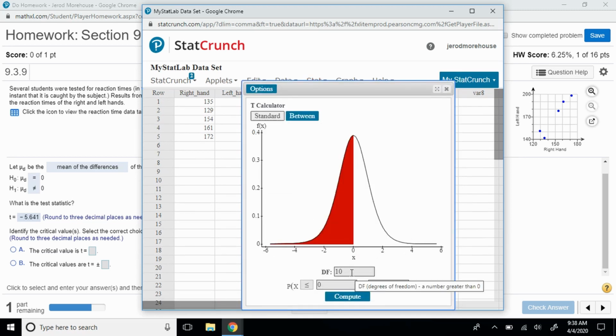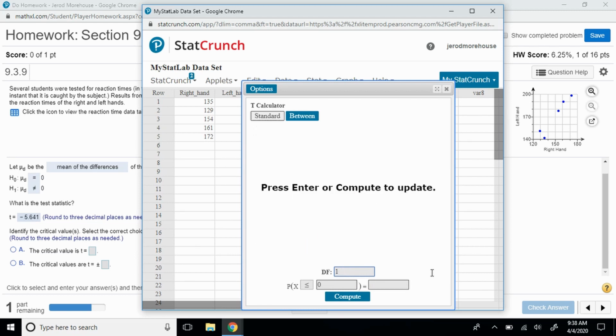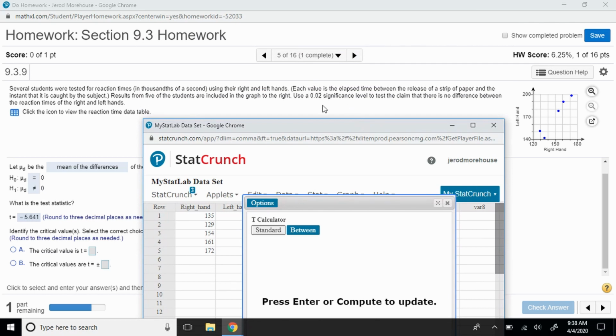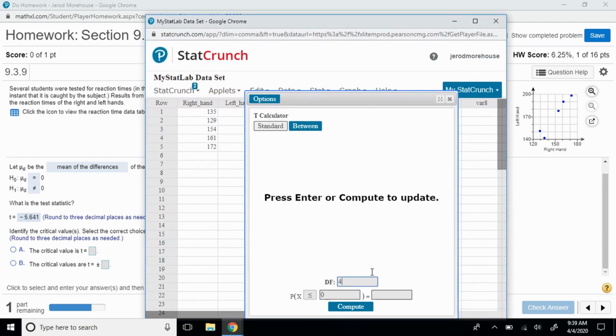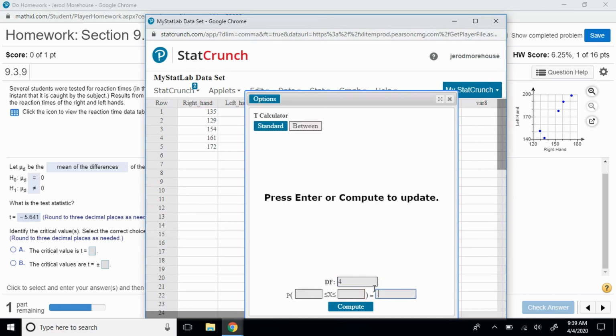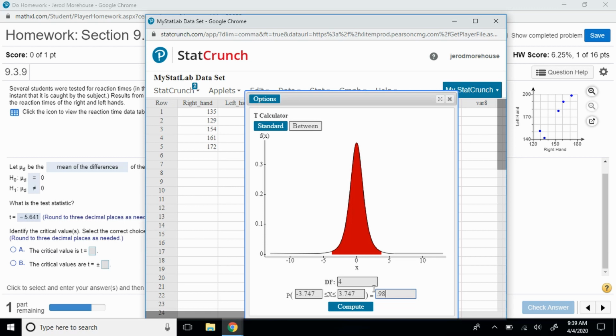Now our degrees of freedom are our sample size minus 1, and I believe we had 5 people in our sample, so minus 1 is 4 degrees of freedom. If our significance level is 2%, that means we want the middle, the between, to be 98%, so 0.98. And this gives me my critical values for my t here.